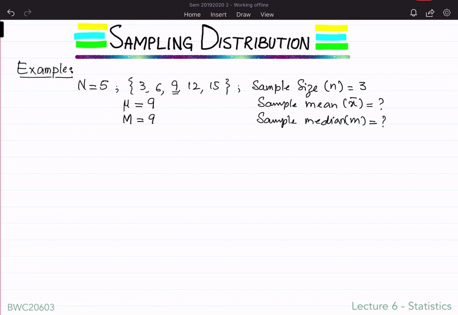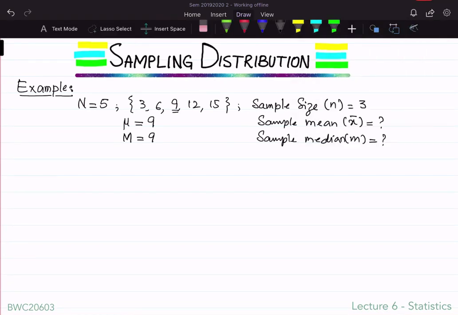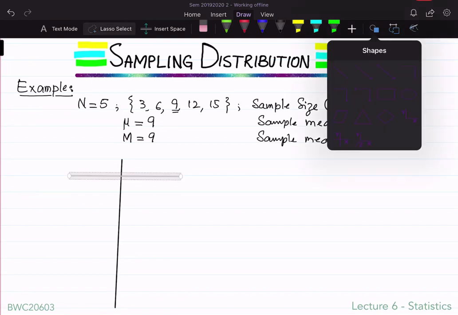So now let us find the sampling distribution of the sample mean. How are we going to do it? We are told that we can have samples of sample size n, so let us find the combinations. I'll draw a line first, like this, and then another horizontal line, and then another line.